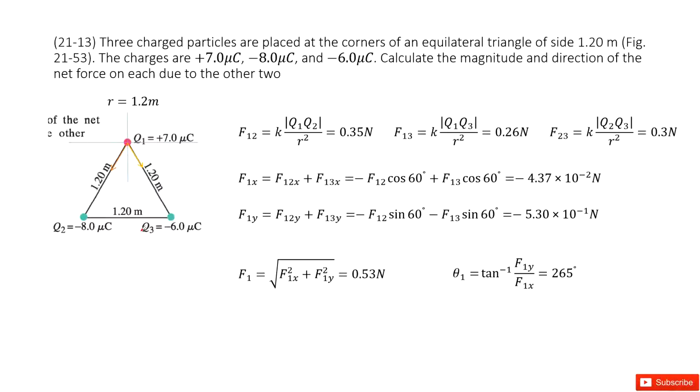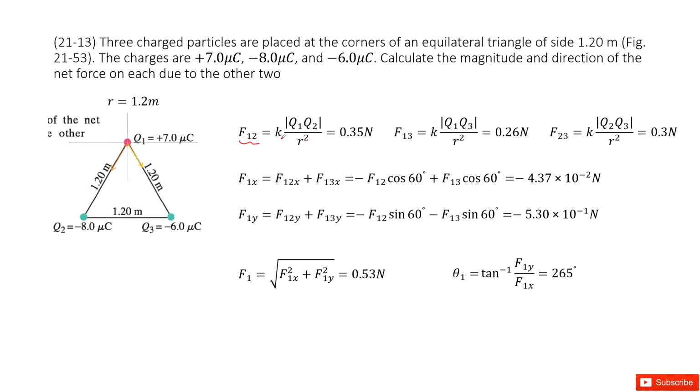So first, we can find the electric force between two charges by using Coulomb's law, right? Coulomb's law tells us the magnitude of the electric force. In this way, we can get the magnitude of the electric force for charge 1 and charge 2. We write it as F12 equals k Q1 Q2 over r squared.